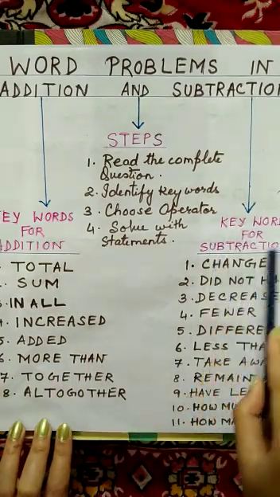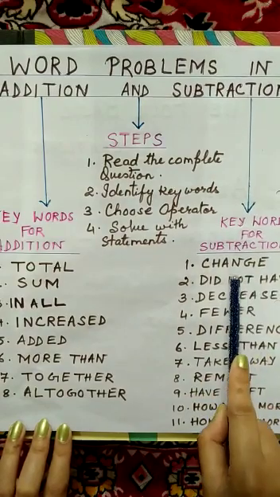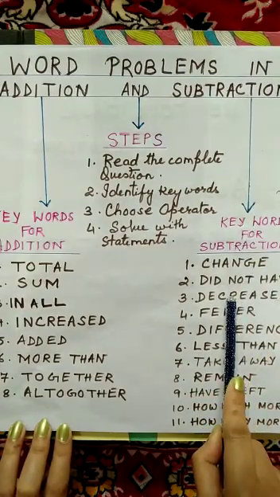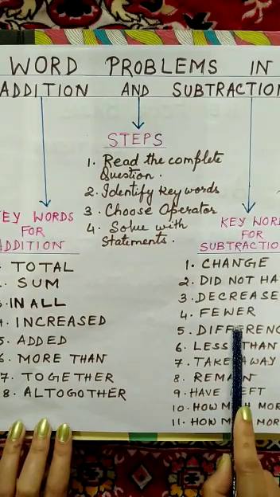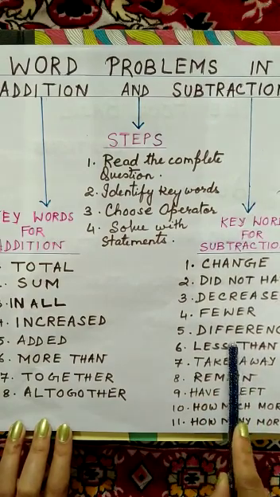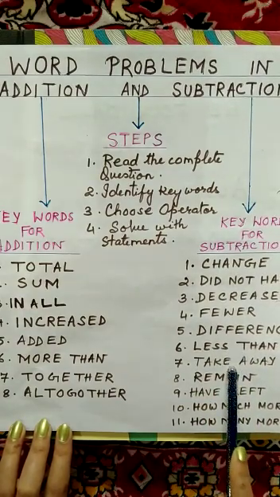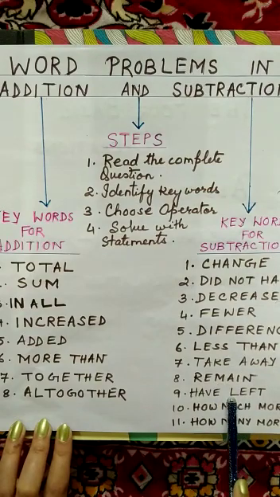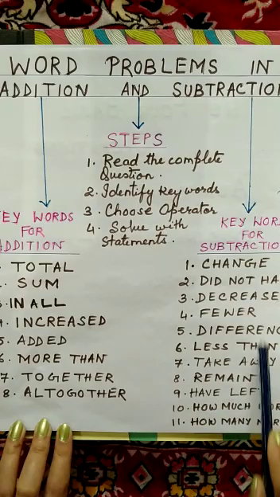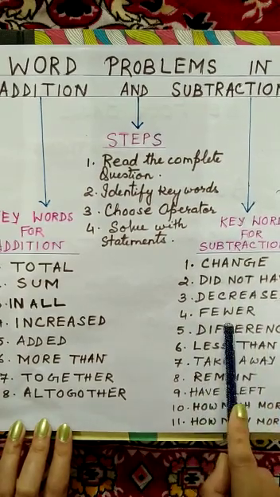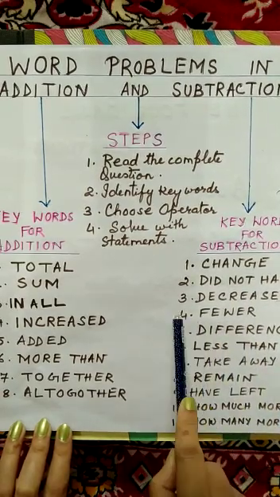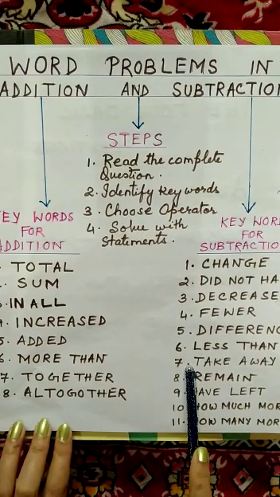Now here are the keywords for subtraction: change, did not have, decreased, fewer, difference, less than, take away, remain, have left, how much more, how many more. When you find these words in a sum, it indicates that the sum is subtraction.